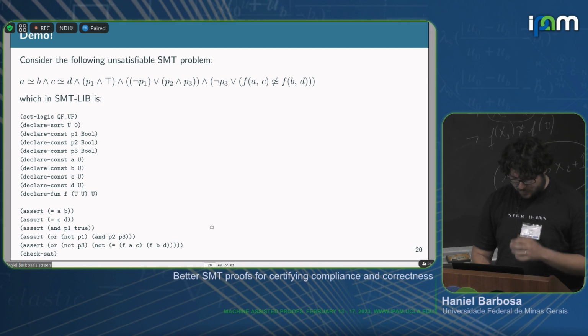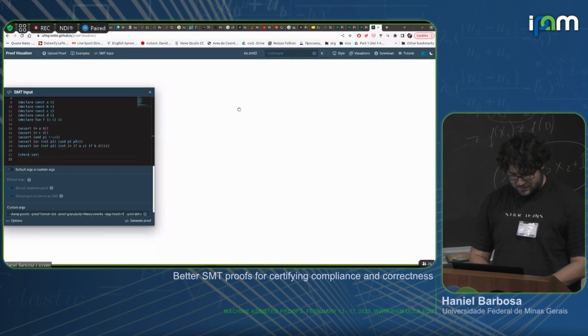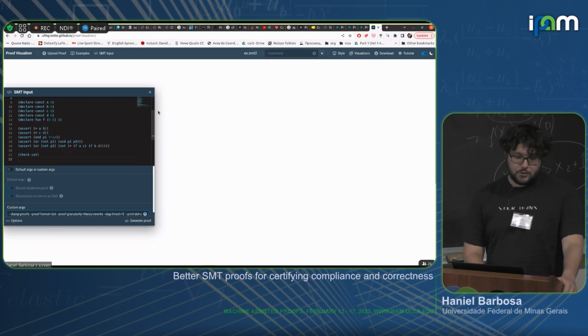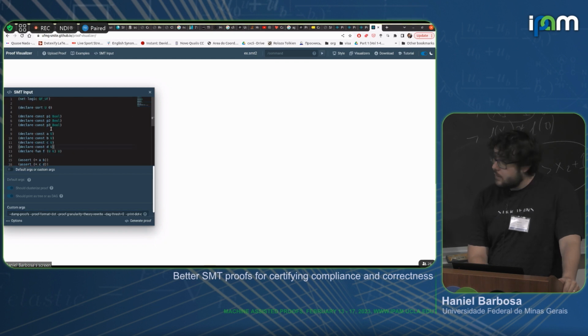So yeah, I have this problem, and you see that? So this is what we call a proof visualizer. It can visualize CVC5 proofs. So I have written here that problem in SMT-LIB.